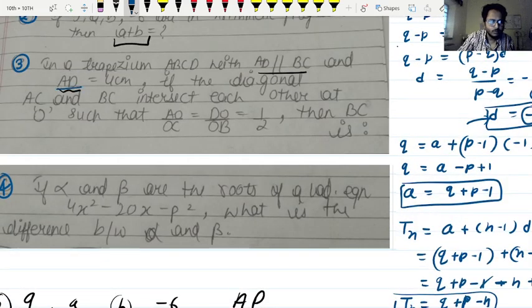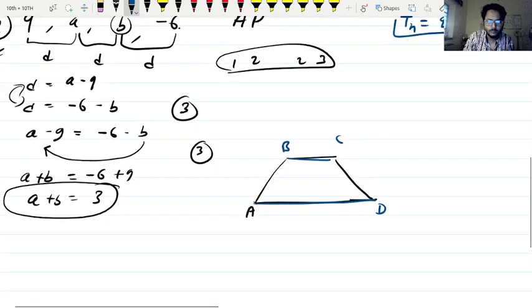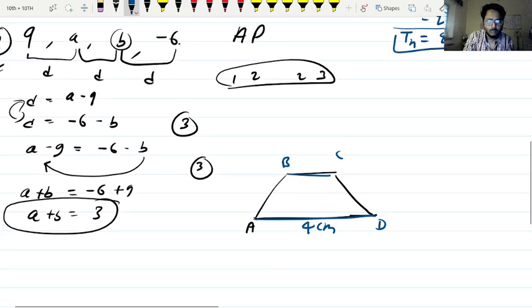Now what is the value of AD? AD is 4 centimeter. Now the diagonals. I'm going to draw the diagonals with the red color.